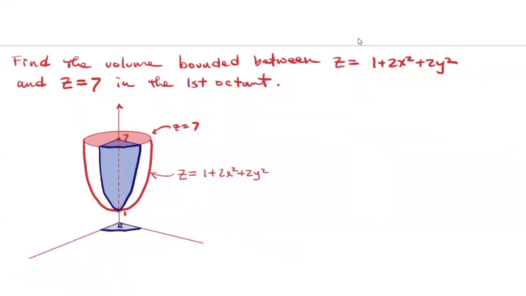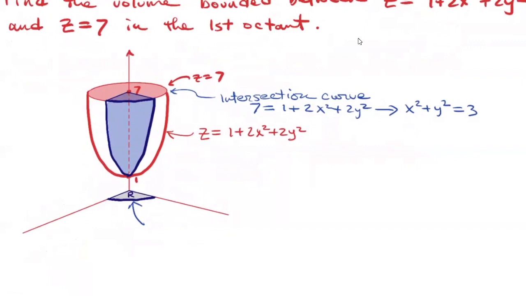The intersection is the boundary, so we need that intersection curve, where 7 is equal to 1 plus 2x squared plus 2y squared. You guys follow me on that? So that's x squared plus y squared equals, 6 divided by 2 is 3. So x squared plus y squared equals 3, and that's a quarter circle with a radius square root of 3.